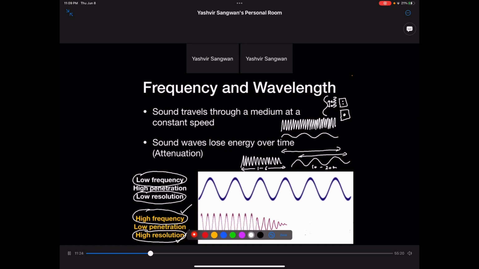And therefore, if I have to see the big organs, I use a low frequency, high penetration, low resolution probe. And if I want to see my needle hitting a nerve or my needle hitting a blood vessel with accuracy, I need to use a high frequency, high resolution, but low penetration probe.